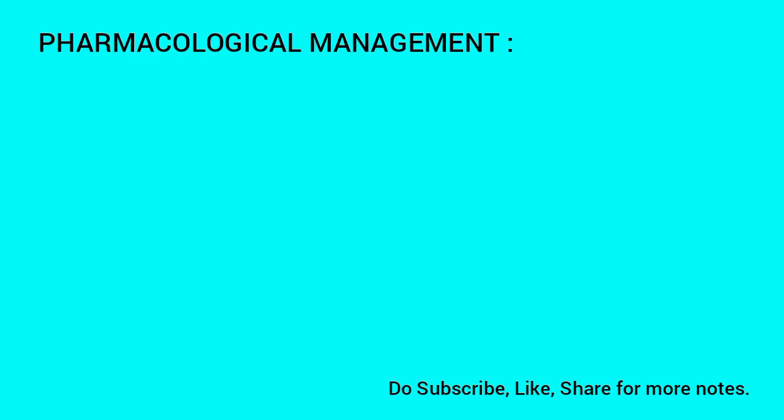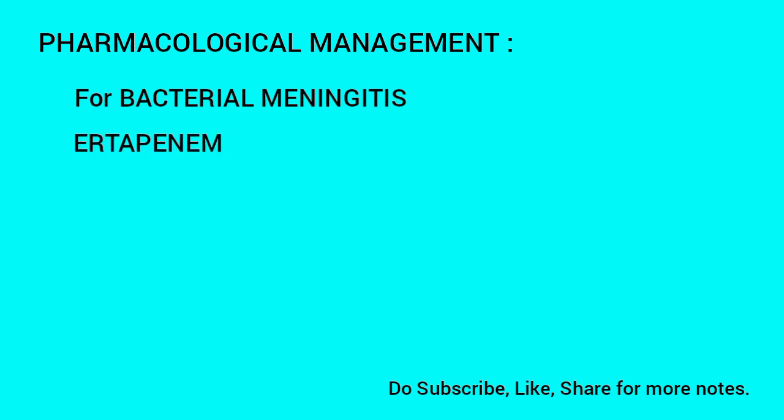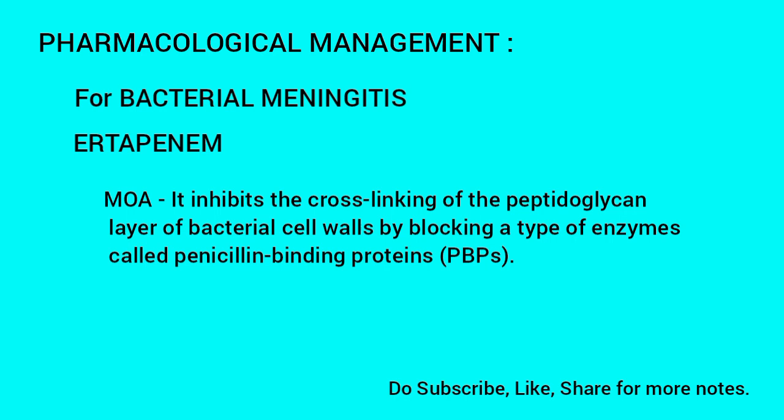Let's see about pharmacological management. For bacterial meningitis, ertapenem. The mechanism of action is, it inhibits the cross-linking of the peptidoglycan layer of bacterial cell walls by blocking a type of enzymes called penicillin-binding proteins.